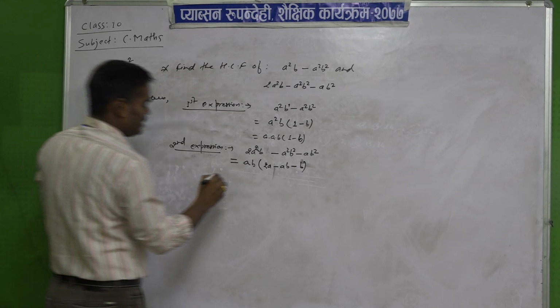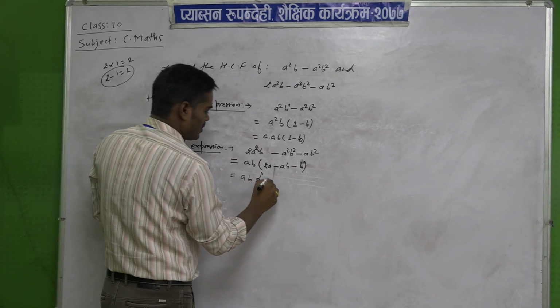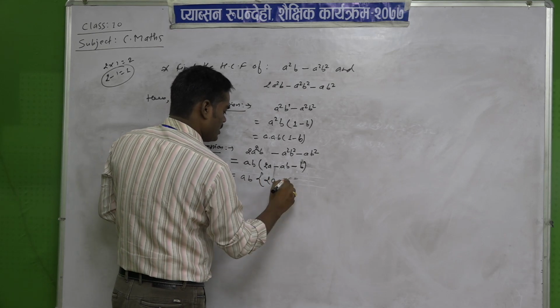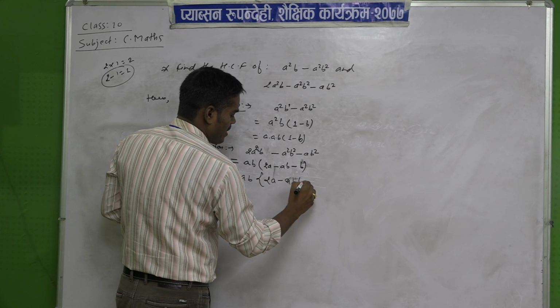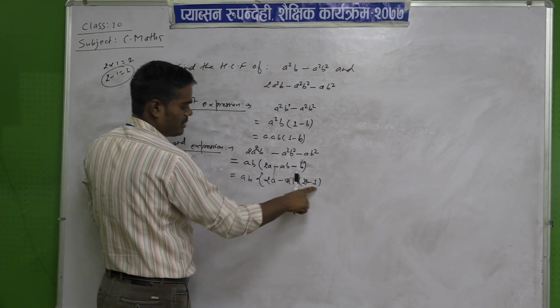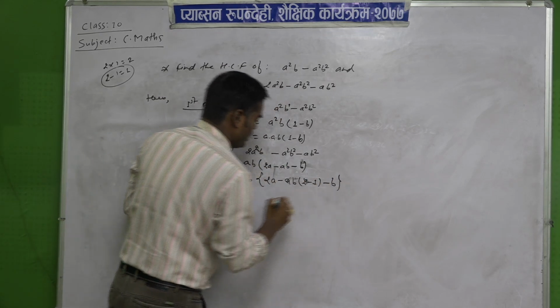So this is the factor: ab, curly bracket, 2a minus ab, 2 minus 1 means 1 minus b.